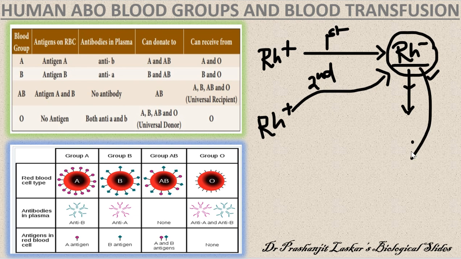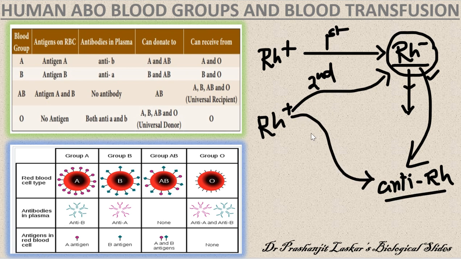That person or recipient has anti-Rh antibodies. So the second time, when Rh antigen is again introduced into this patient, clotting or clumping occurs.